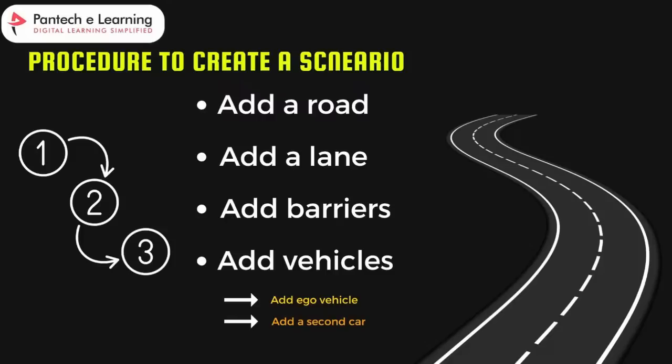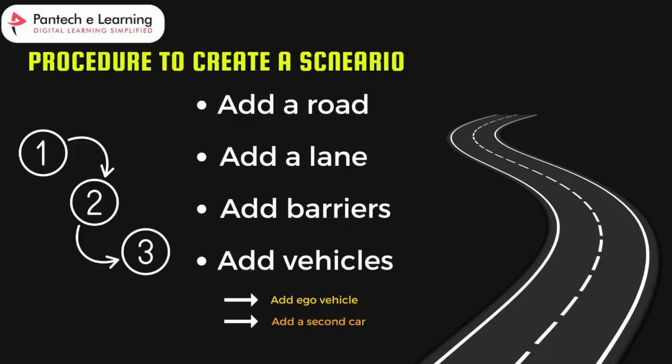Barriers are objects placed alongside roads to prevent vehicles from leaving the roadway or to separate the lanes. You can add barriers to enhance safety or define specific traffic configurations.